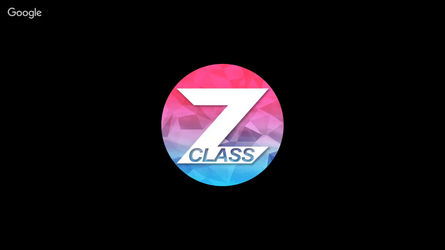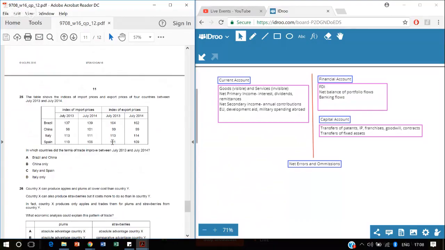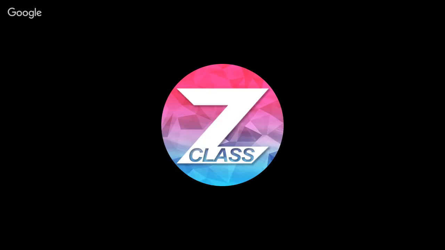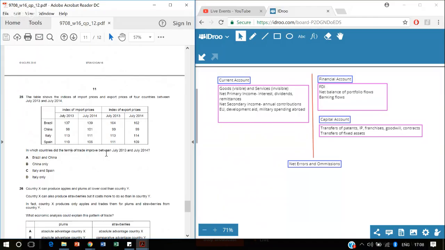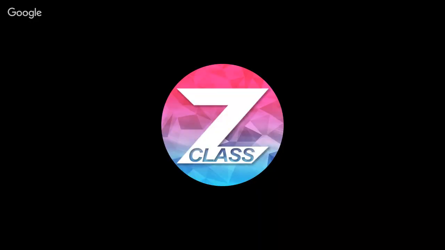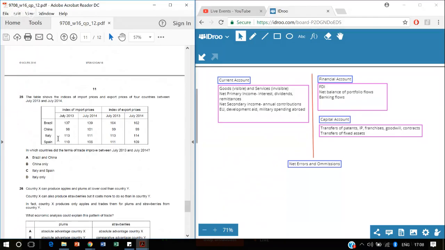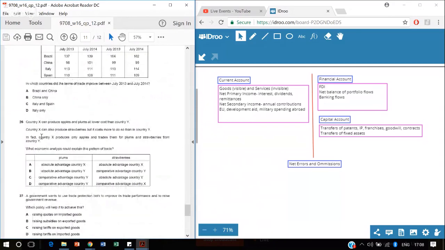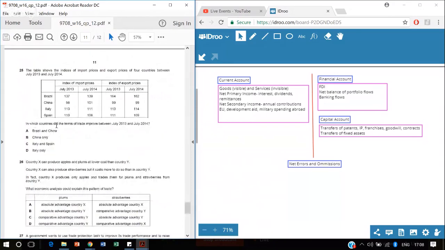So I said C, Italy and Spain. Yep. Because in Italy, import decreased, export increased. Spain, import decreased and export also decreased, but 111 over 110 is smaller than 109 over 106. Very good. Did you find a quick way to do that, or do you just have to try all the numbers?